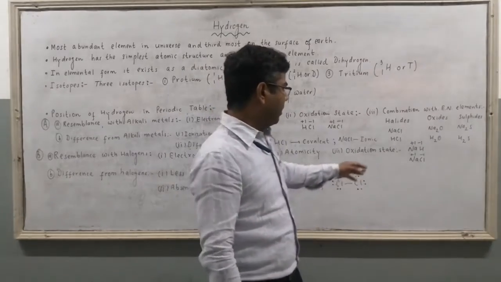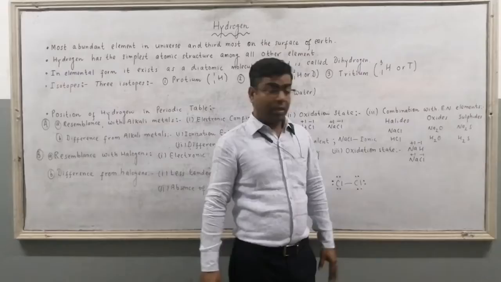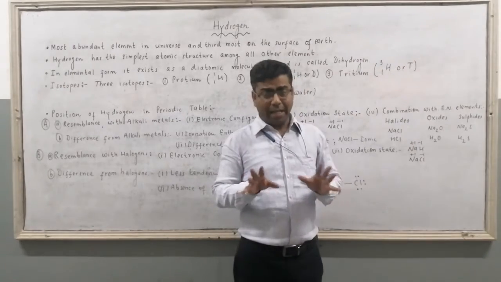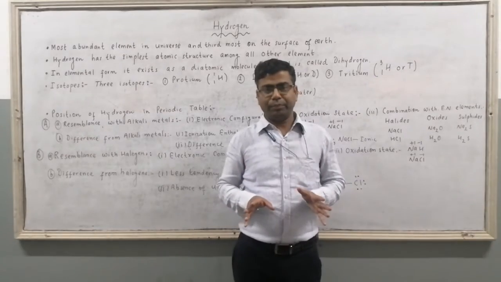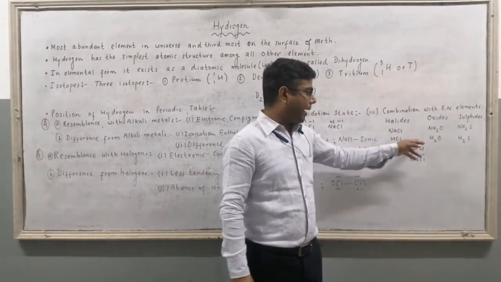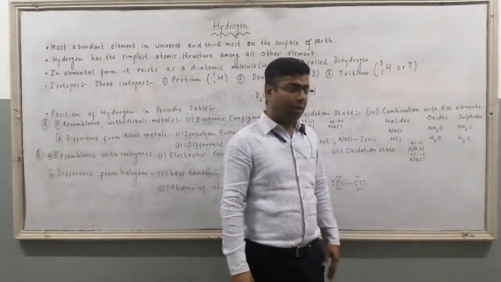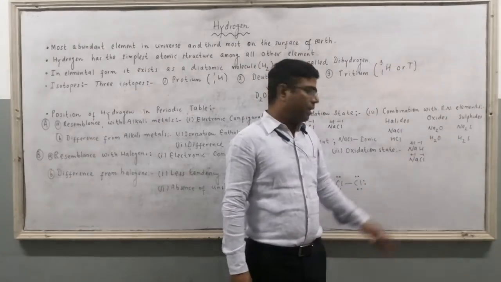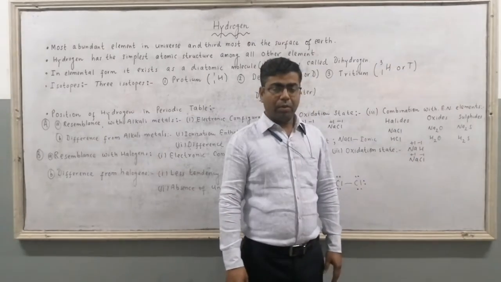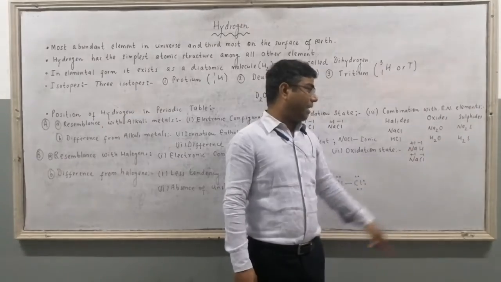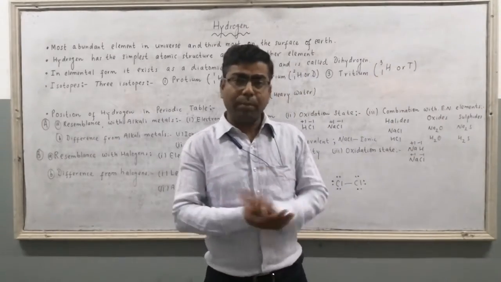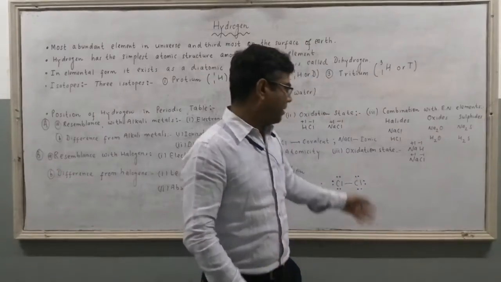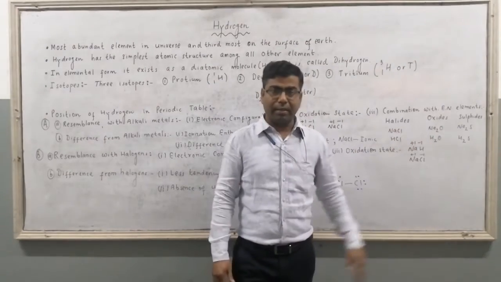So here, when H combines with Na, Na is an electropositive element, a metal, while hydrogen is a non-metal. So the oxidation state of H will be -1, and for Na it will be +1. When Na combines with Cl, Cl gets -1. So Cl is getting -1 and H is also getting -1 when they combine with sodium metal. So in oxidation state, somehow their resemblance is there.